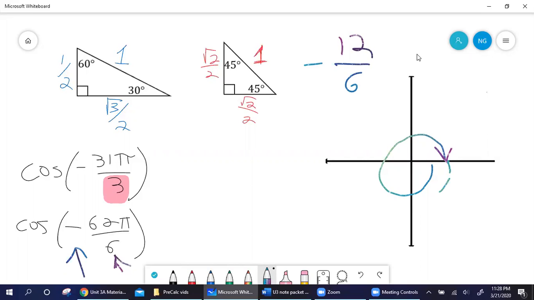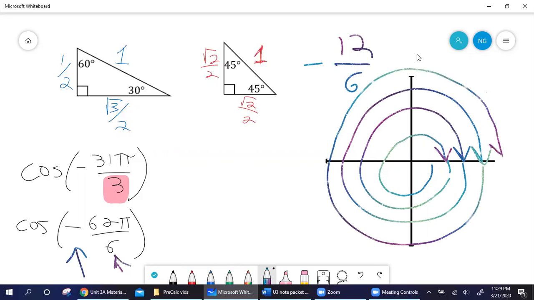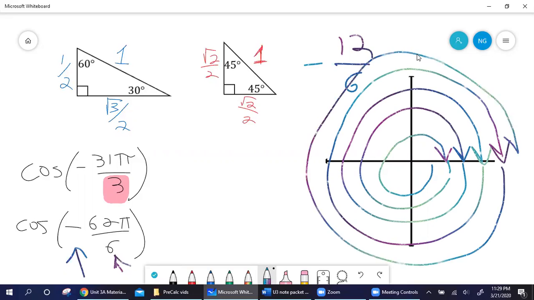So that's 12 over 6. That would be 24 over 6, 36, 48, 60 over 6. Okay, so there's 60 over 6, all those spins. Again, I don't really care about all of those spins.